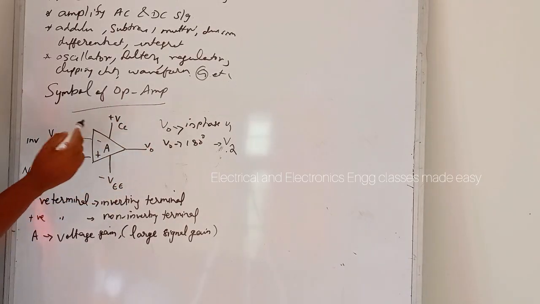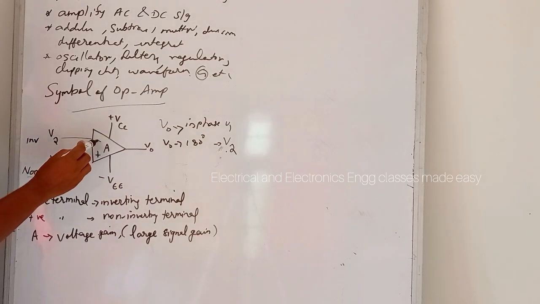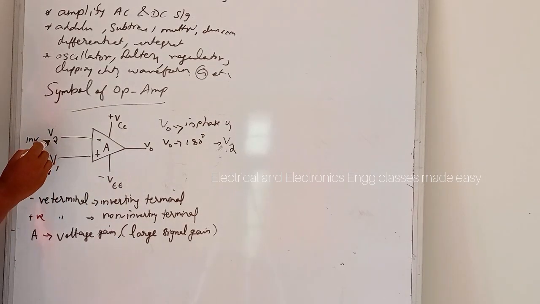And the output V0 is 180 degrees out of phase with V2, that is the negative terminal voltage, hence called the inverting terminal.